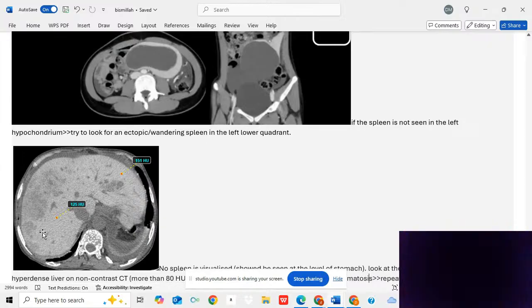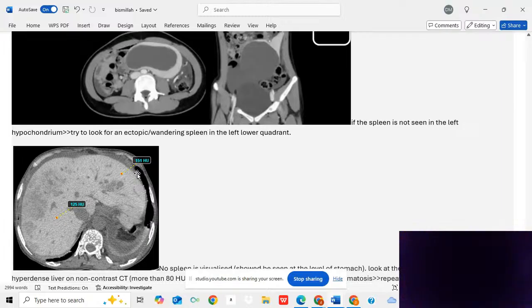We checked in the whole abdomen and the whole pelvis, and we couldn't find any splenic tissue, so there is no wandering spleen. Then what should we do? You should look at the liver. The liver is extremely enlarged.